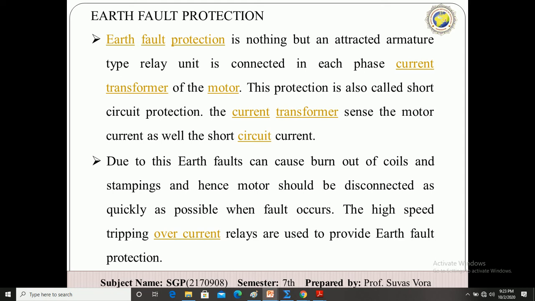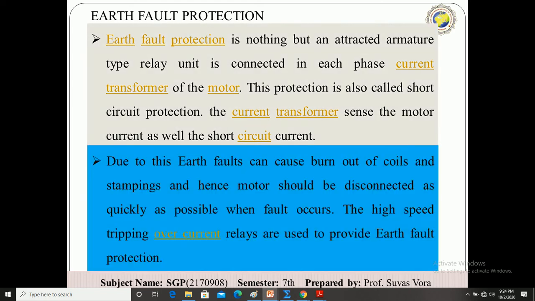So in the earth fault protection system, you can see the figure with the R, Y, B phases. The three-phase system is connected with the circuit breakers and the cable box. Then after that, the core balance current transformer is connected, and then the three-phase supply goes to the induction motor.